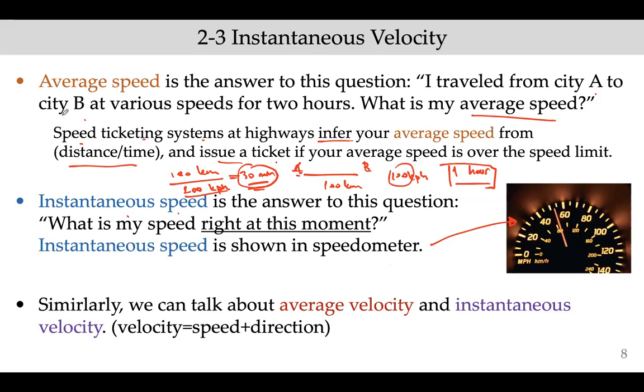So that's the difference between average, which you would calculate, and instantaneous, which means right at this moment. Okay, so these were average speed and instantaneous speed, but we can also talk about average velocity and instantaneous velocity. Remember, velocity was not only speed, but speed and direction.